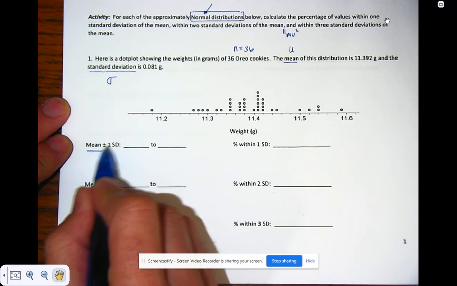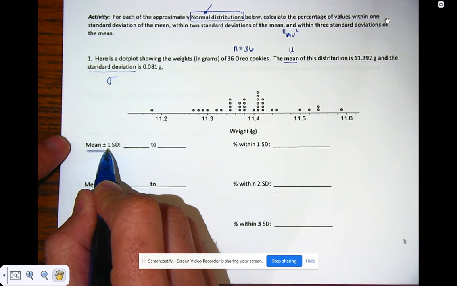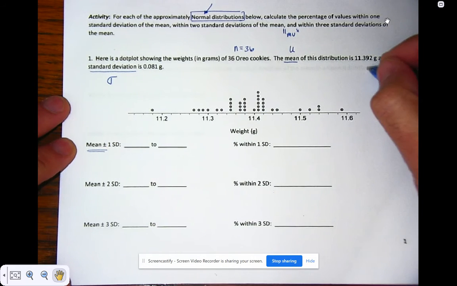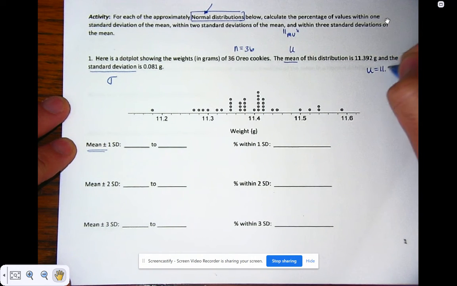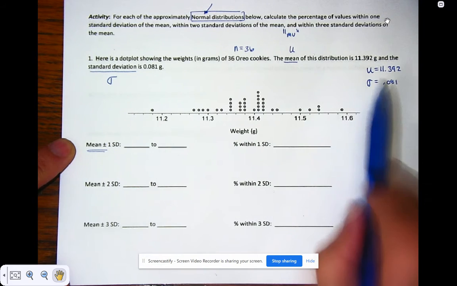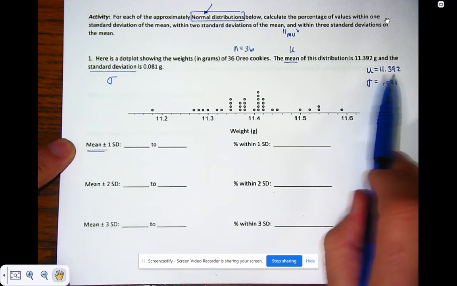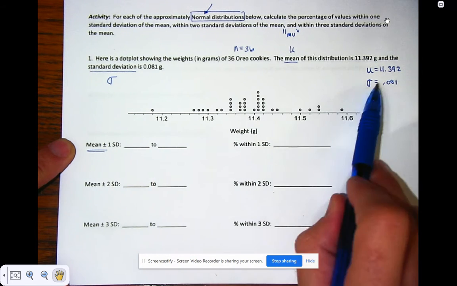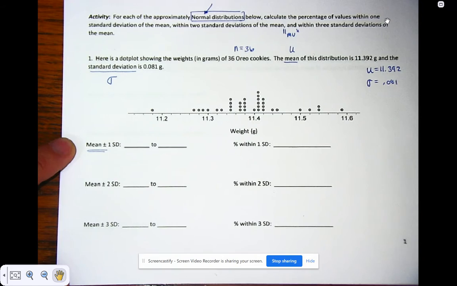What this exercise is going to do is check out how much of the data is within one standard deviation of the mean. If our mean is 11.392 and our standard deviation is 0.081, we're going to take our mean, 11.392, and add one standard deviation to get this value, then subtract one standard deviation to get this value.